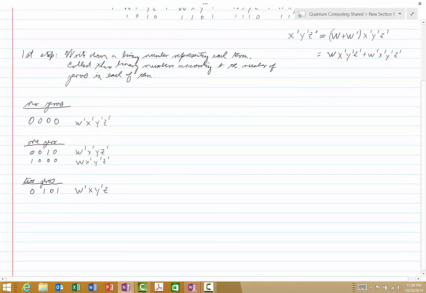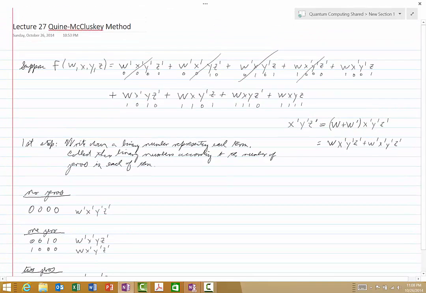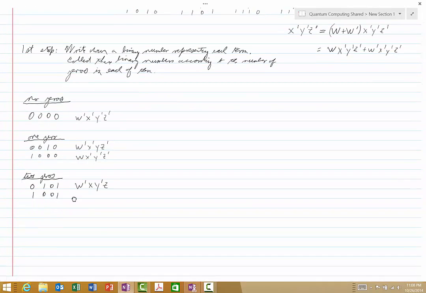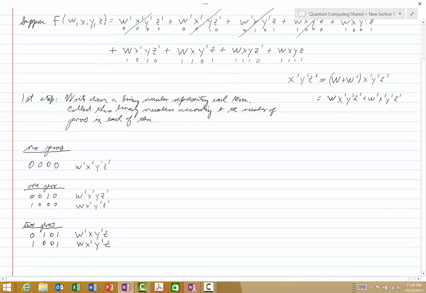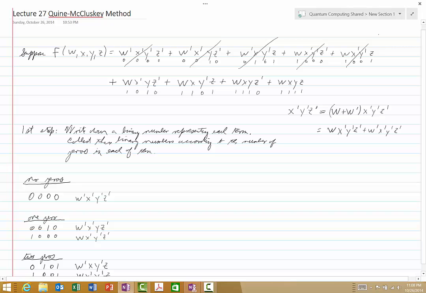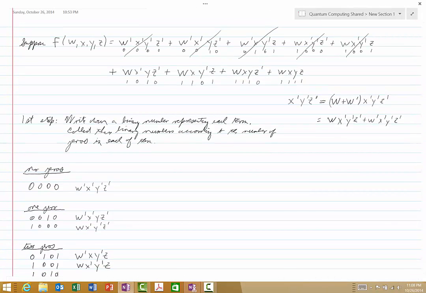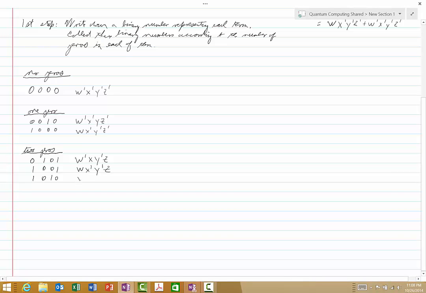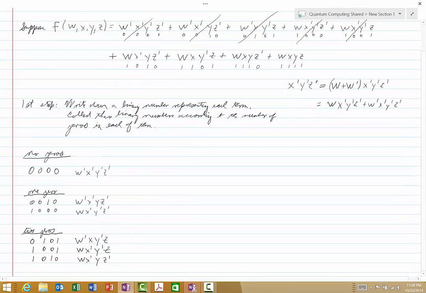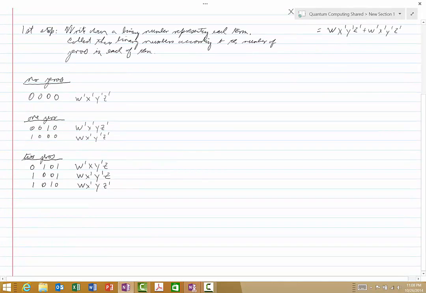That's 1, 0, 0, 1, and that's W X prime Y prime Z. And we cross that off. 1, 0, 1, 0 is still another example, and that's W X prime Y Z prime. And that's all the terms with 2 zeros.